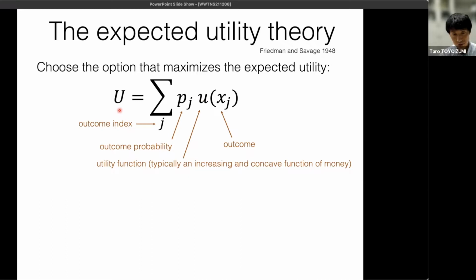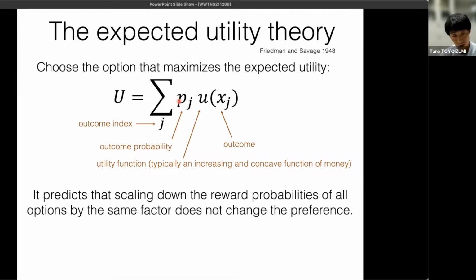You can see one fundamental property of the expected utility theory is that the utility function capital U is a linear function of the probability pj. Because of this property, it predicts that scaling down the reward probabilities of all options by the same factor does not change the preference.